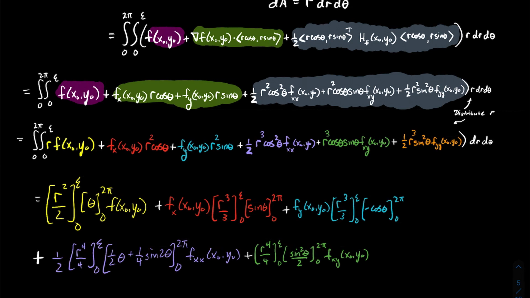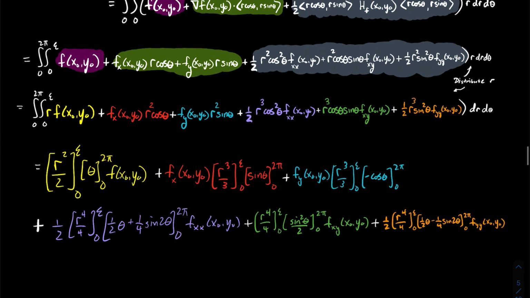The green is a u substitution, right? If u is sine of theta, then du is that cosine, so that's just going to be sine squared over 2. And again, your fxy is just constant, so that's just hanging out. Orange is pretty similar to the purple one that we did, where you're going to use a half angle formula. So what that sine squared integrates to is 1/2 theta minus 1/4 sine of 2 theta. And you've got your constant second partial with respect to y out front.